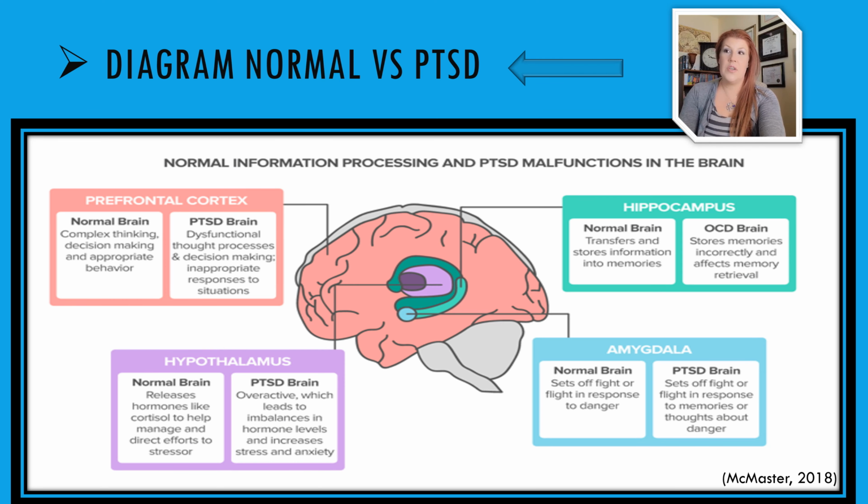This slide I wanted to show a diagram depicting the distinctions between a normal brain and a PTSD brain, and how there are significant differences in how they each process information. Please take a minute to examine this diagram.